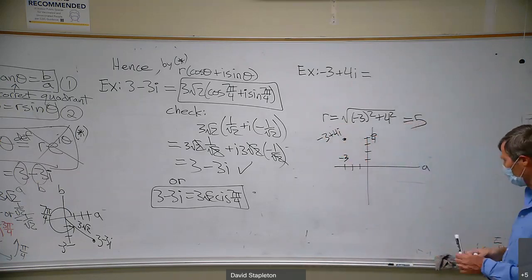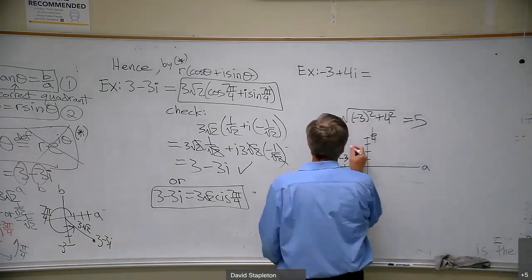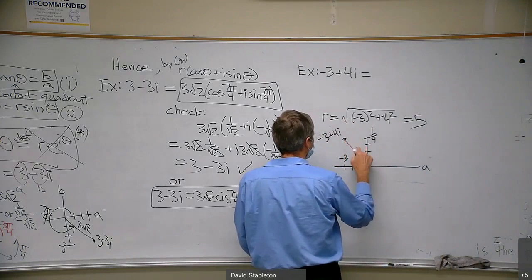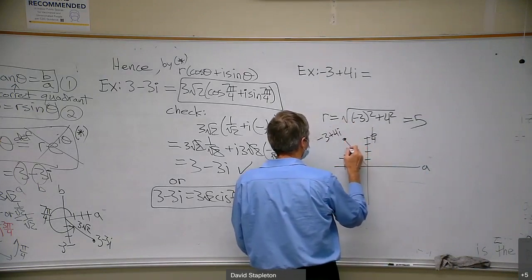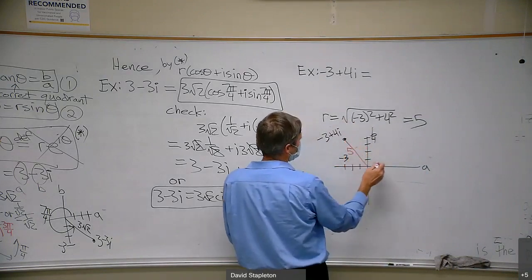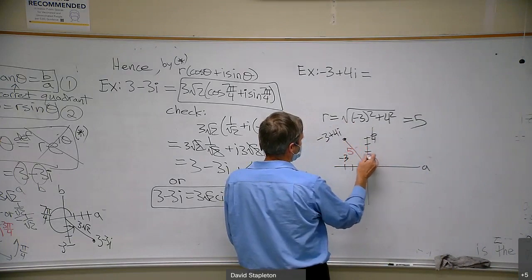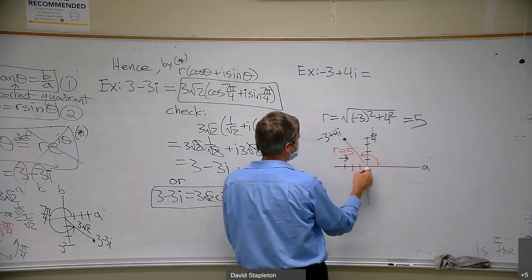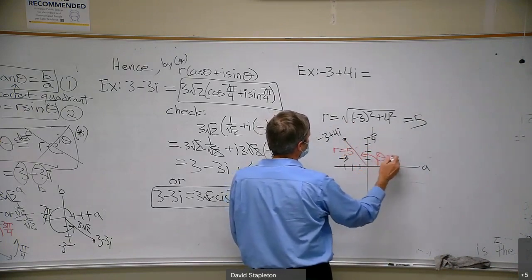To get the polar form, what we need to do is find this distance from the origin. What we just showed is that distance is 5. And then we need this angle. So r equals 5 is its distance from the origin. Theta equals what?